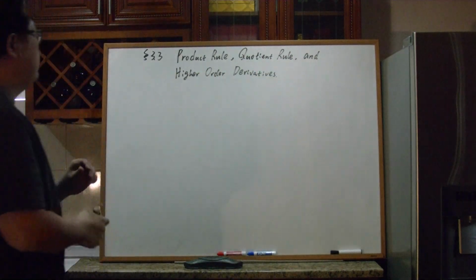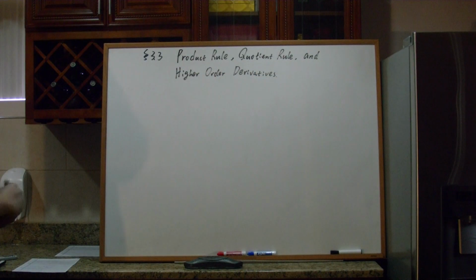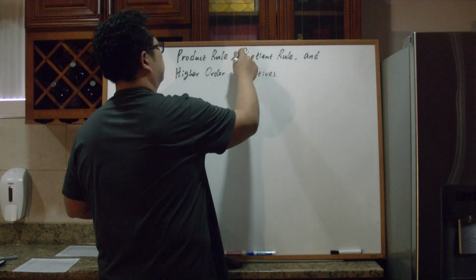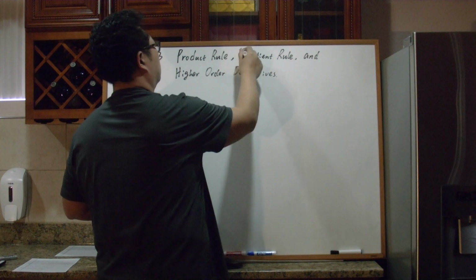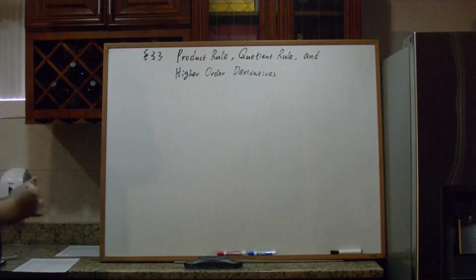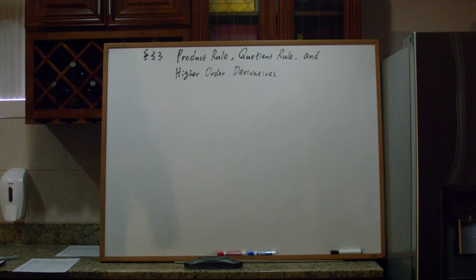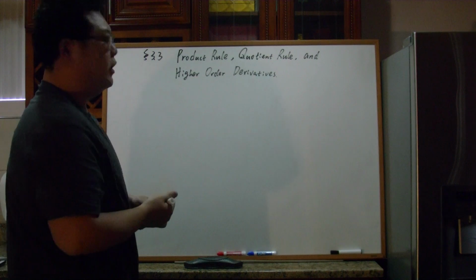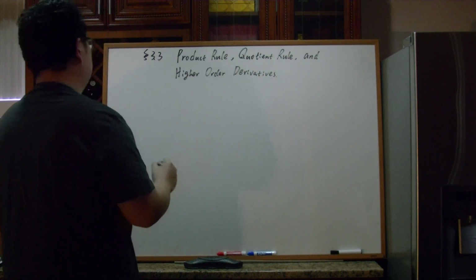Right, this section is about the product rule, quotient rule, and higher order derivatives. The product rule and quotient rule mean we will not only see a simple function, but we will see a product of functions.